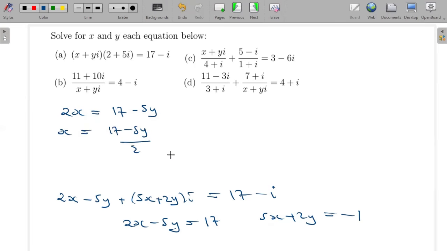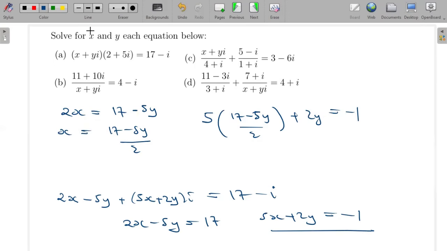So I get this value, and I'll replace it in equation 2, this one there. So I say 5 times x, I'll replace with 17 minus 5y over 2, and then plus 2y is equal to negative 1.